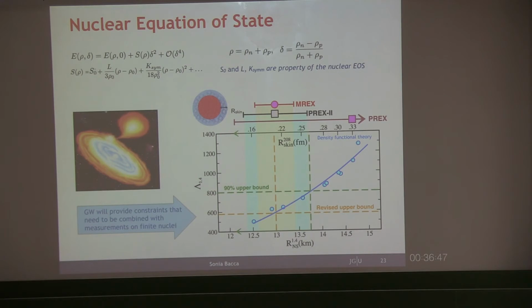That is what you can constrain very well from gravitational wave observations. On the x-axis, you have below here the radius of a neutron star in kilometers. A neutron star you can imagine as an infinitely big nucleus, if you want. And above, you have instead the so-called neutron skin thickness of a heavy nucleus like lead.